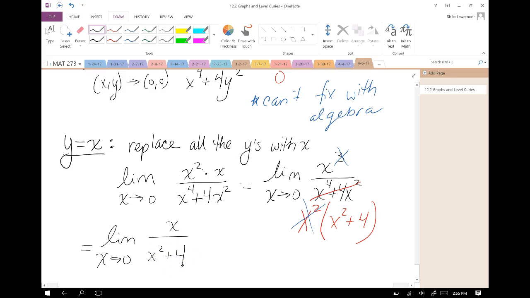And this is not indeterminate anymore. Direct substitution gives me 0 over 4, which is 0. So along the y equals x path, it's approaching 0.